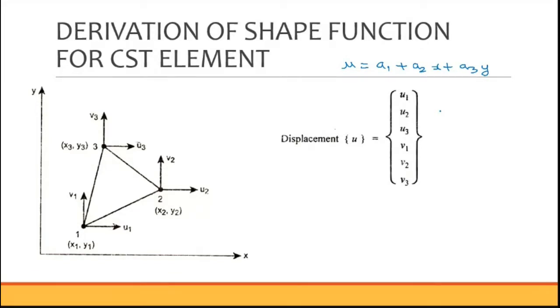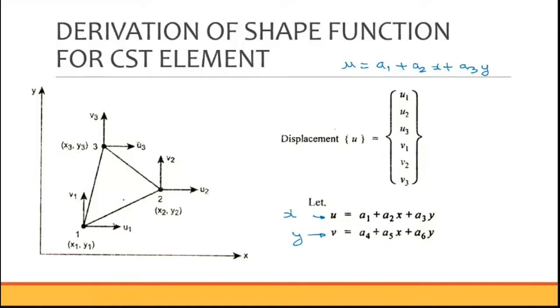Consider that this is my displacement: u1, u2, u3, v1, v2, v3. You can write u as your trial function with respect to the x-axis, which is a1 plus a2x plus a3y, and v as a trial function with respect to the y-axis, which is a4 plus a5x and a6y. How are you identifying this x, y?